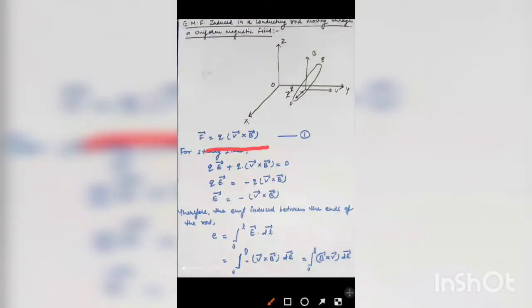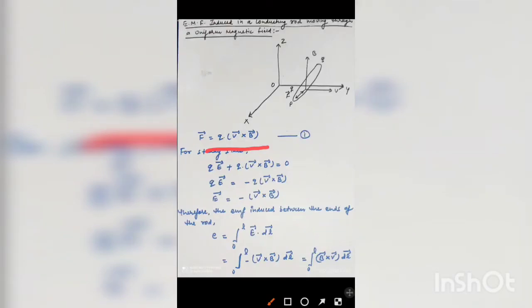If the charge is negative, the movable carriers in most conductors are negative charge electrons. Then force F will be in a direction along the negative x-axis. The force F pushes electrons towards one end of the rod, so the other end develops a positive charge.